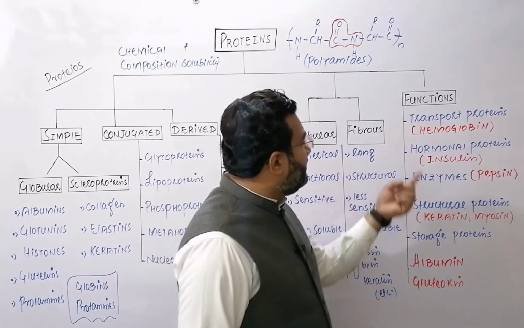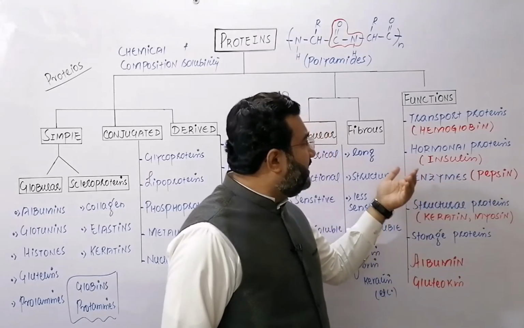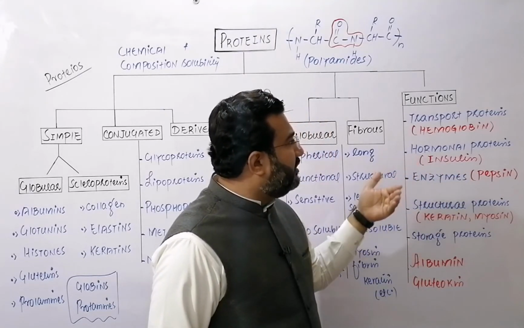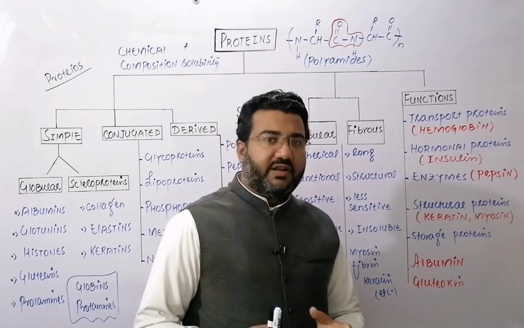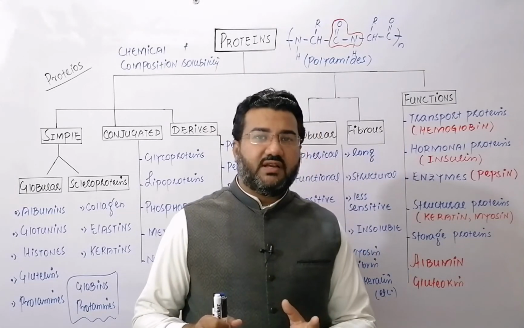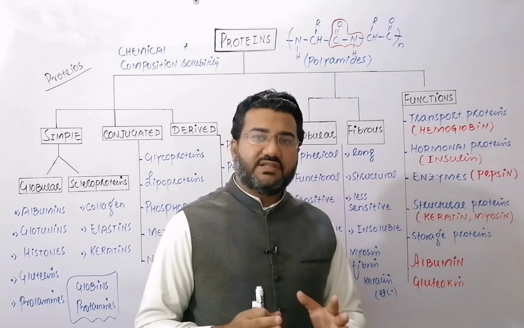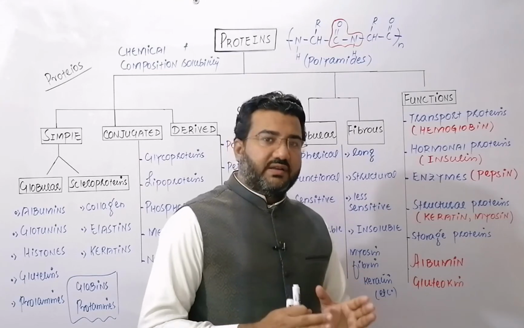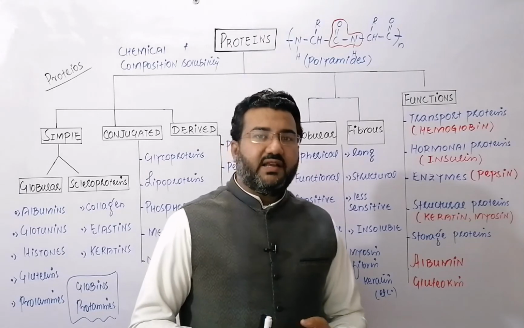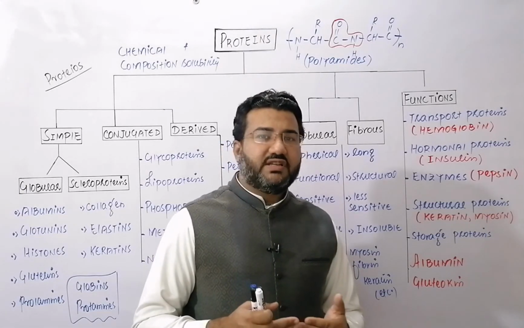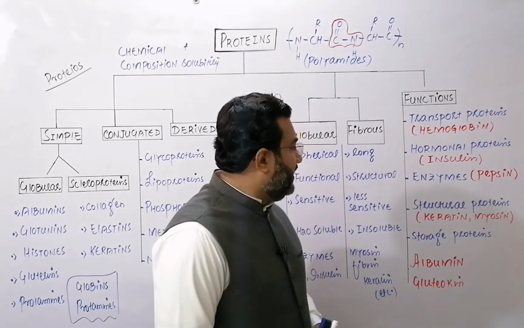The third classification of proteins is based on the functions. So there are different types of proteins depending upon their relevant functions. For example, transport proteins play an important role in the transport of species in the body, for example hemoglobin, which transports oxygen from the lungs to the tissues. Hormonal proteins play a hormonal role just like insulin, which regulates the blood sugar level in the body.